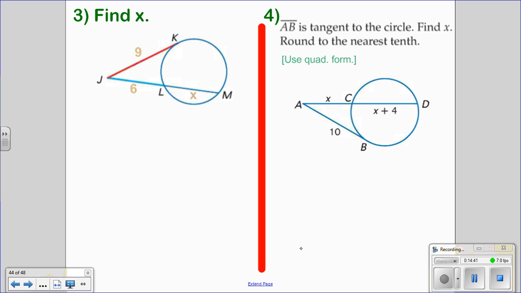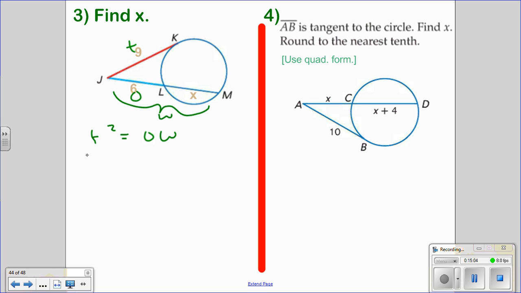On number 3, we have a tangent and a secant. On this one, it was tangent squared is equal to outside times the whole thing. So this is your tangent, this is your outside, and this is the whole thing.